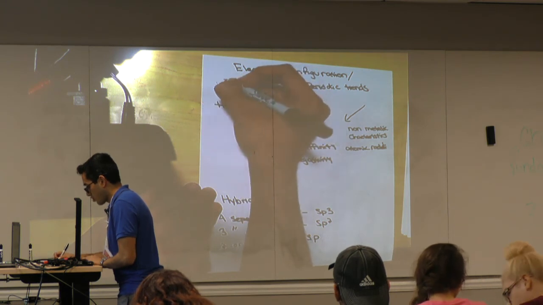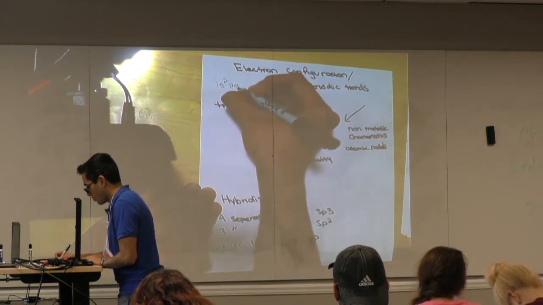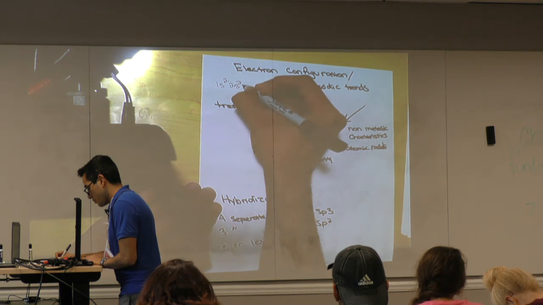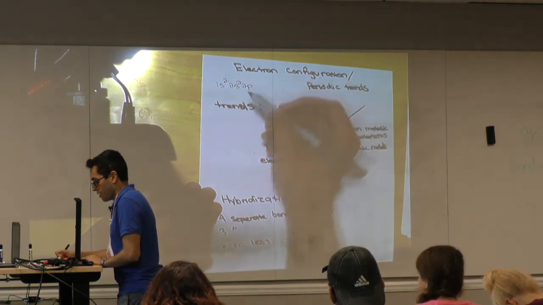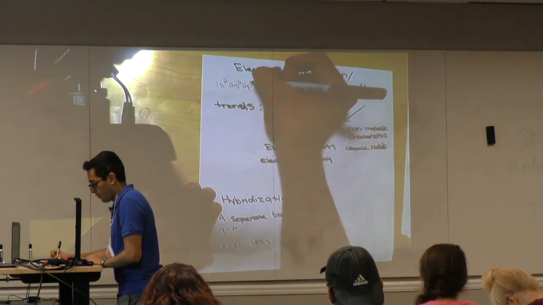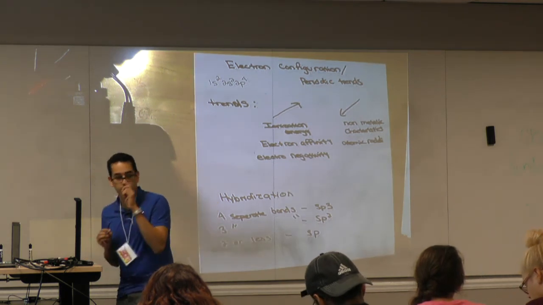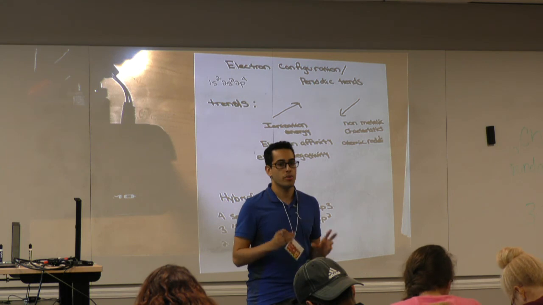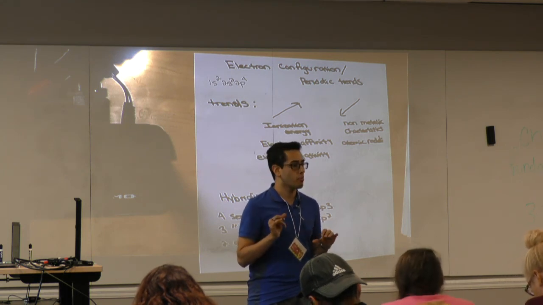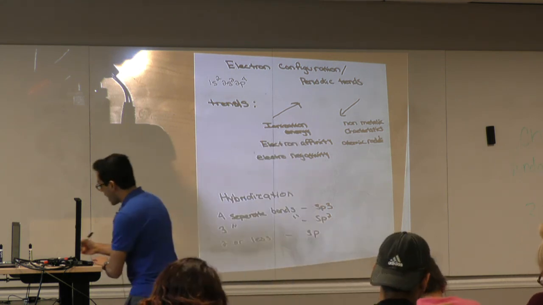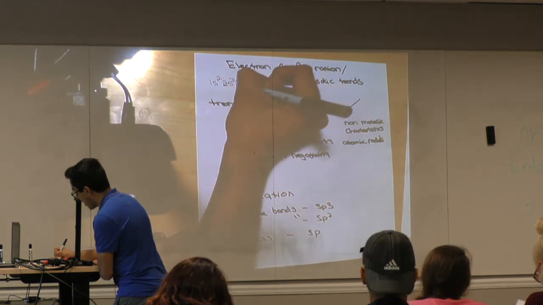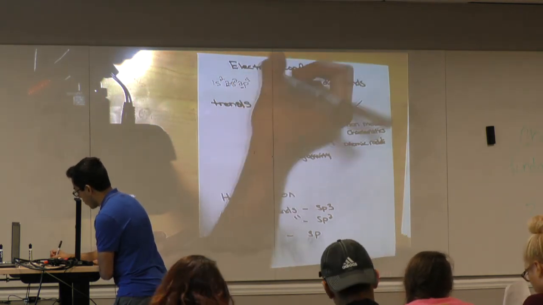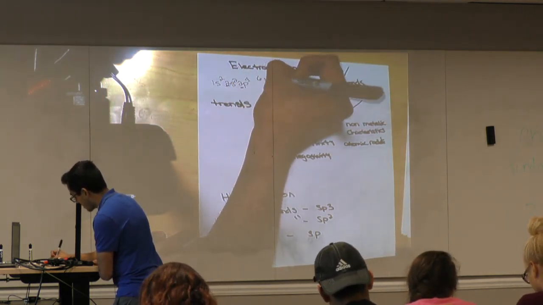1s2, 2s2, 2p4. If that's 4, this would be 4, right? And then the valence electrons on the electron configuration are the electrons on the highest number. So in oxygen, the highest number is level 2, so you count all of them. 2 plus 4, that's 6 valence electrons.